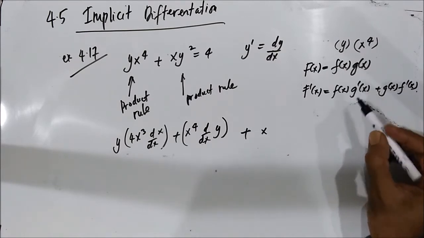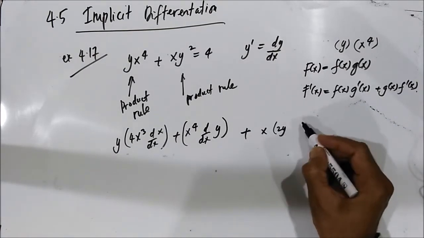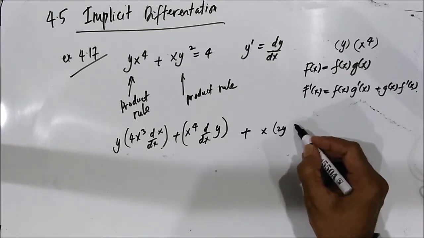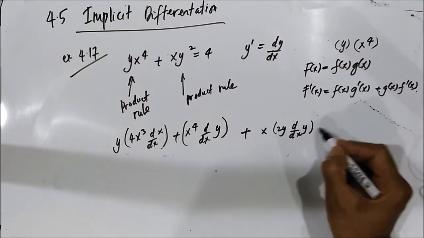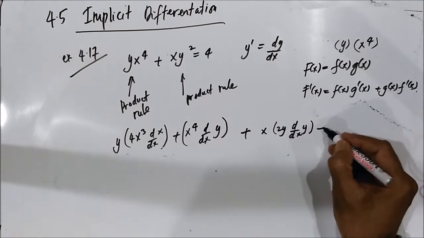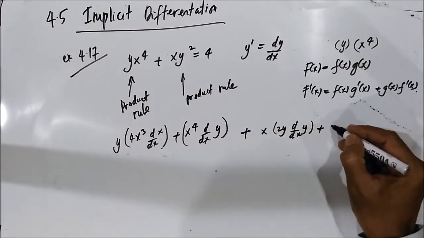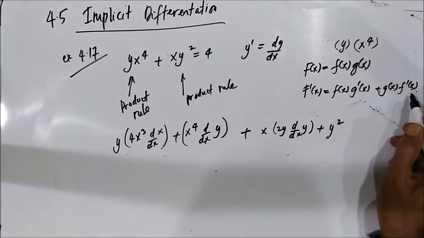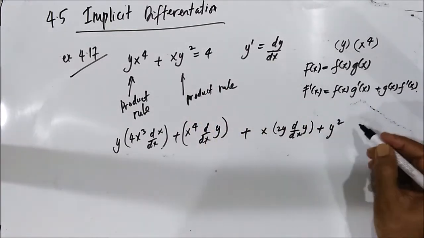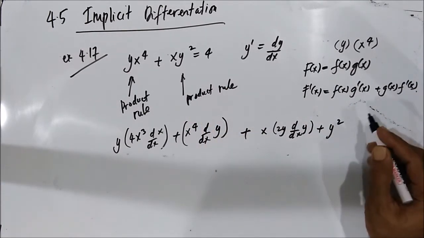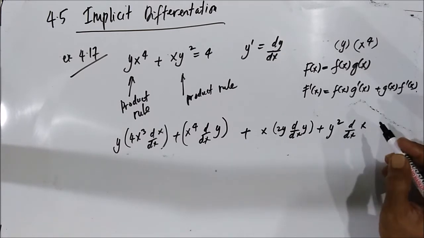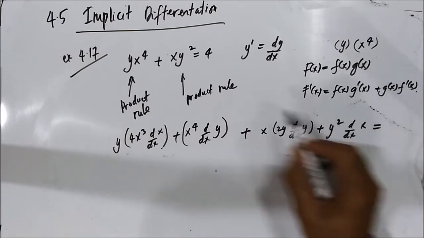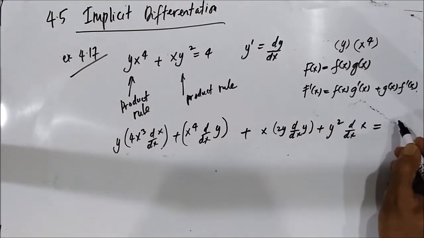So g prime x is 2y, then d/dx of y, then plus g(x), which is y squared, multiplied by f prime x. f prime x is the differentiation of x, or d/dx of x, equal to, now the differentiation of 4, the differentiation of a constant, is equal to 0.